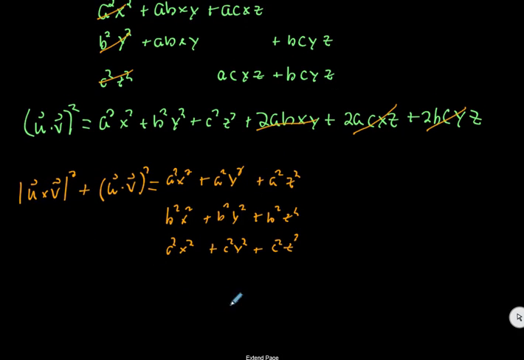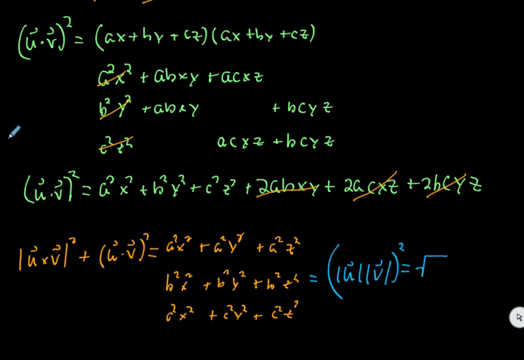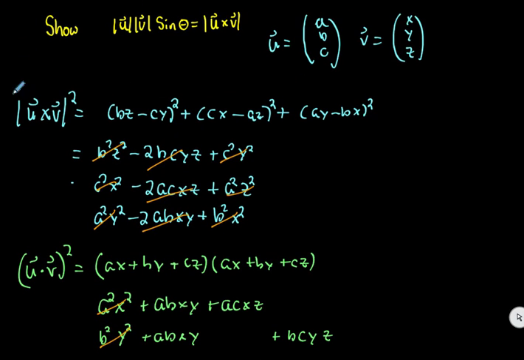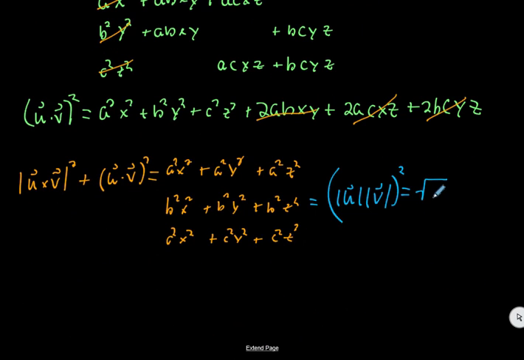Now, the trick is to look at this guy right here. If you think about it, what is that equal to? This guy is going to be the magnitude of u times the magnitude of v, all squared. Why? What's the magnitude of u? If u is the component a, b, c, then it's going to be the square root of a squared plus b squared plus c squared.